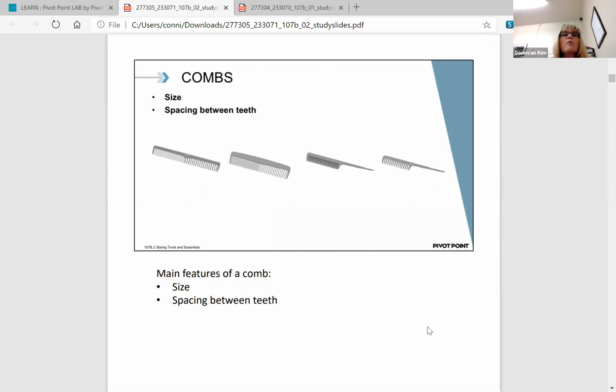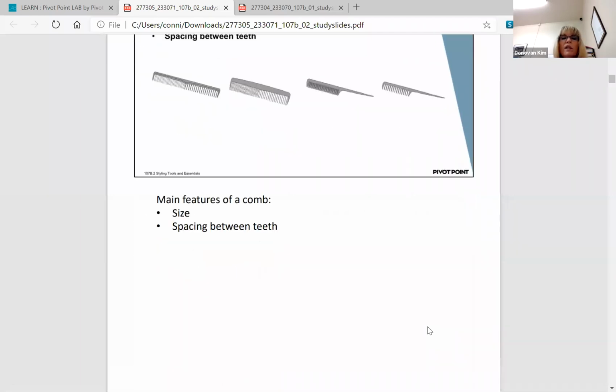Versus finer teeth, which go through finer hair. But we all have our favorite combs. They come in different lengths and different materials that they're made out of. We'll pick one that you like the best.